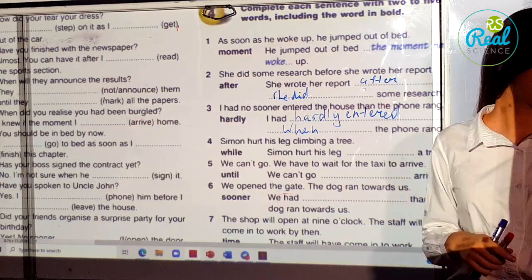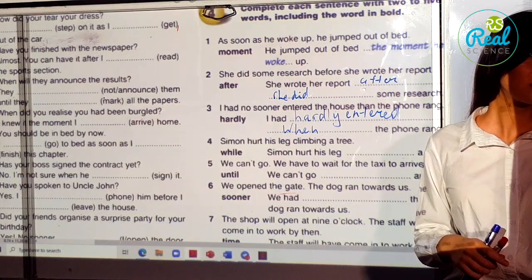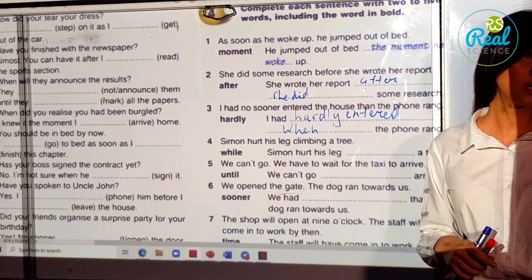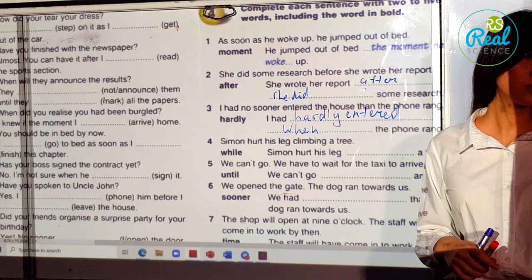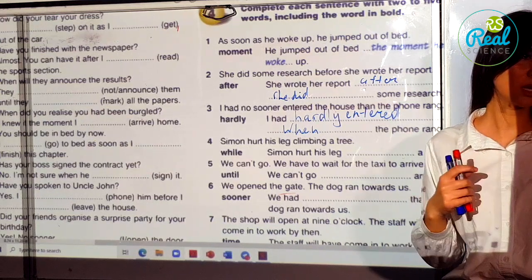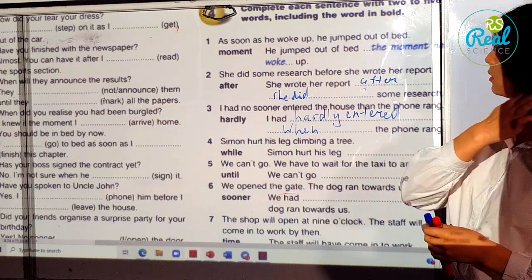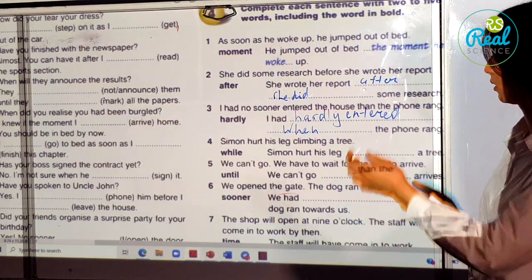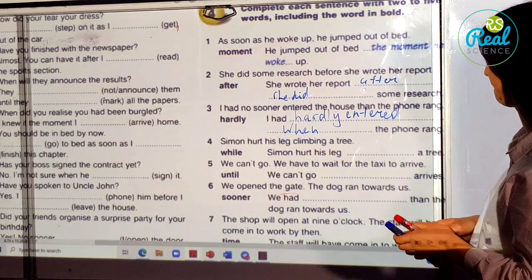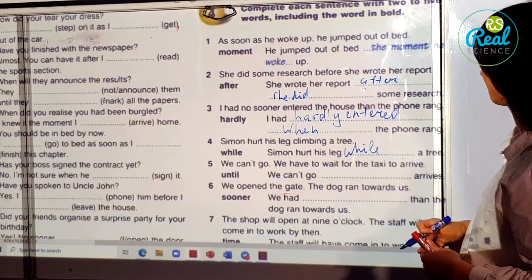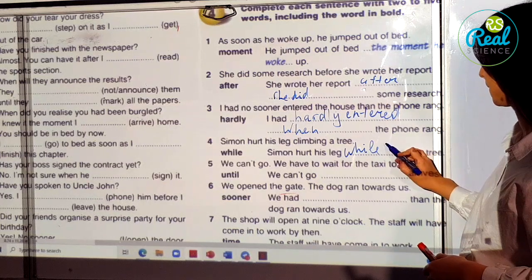Fourth. Who wants to read? Guys, can you switch off your sounds because the connection is not so good. Simon hurt his leg while climbing a tree.